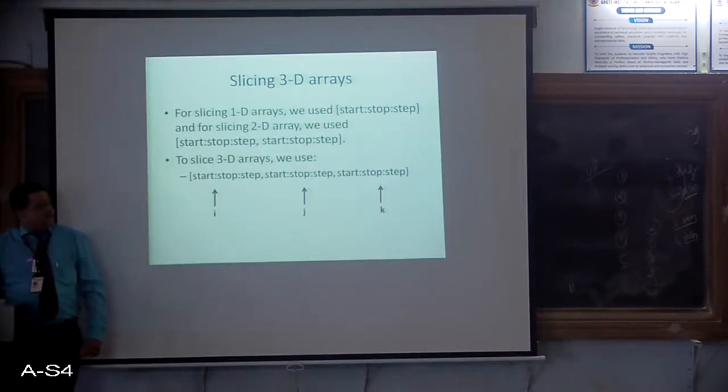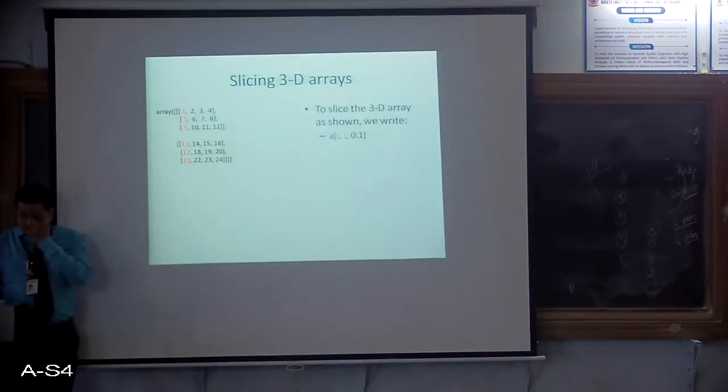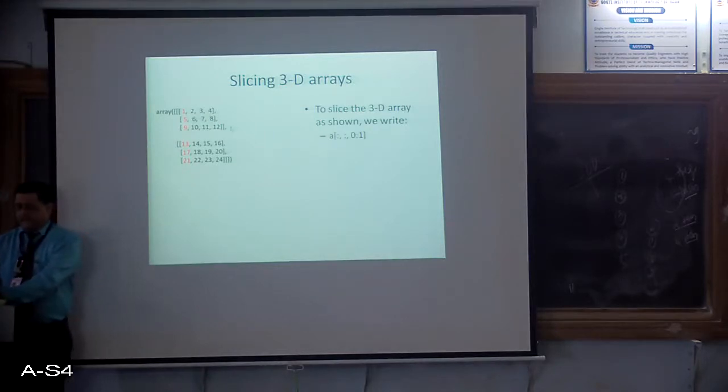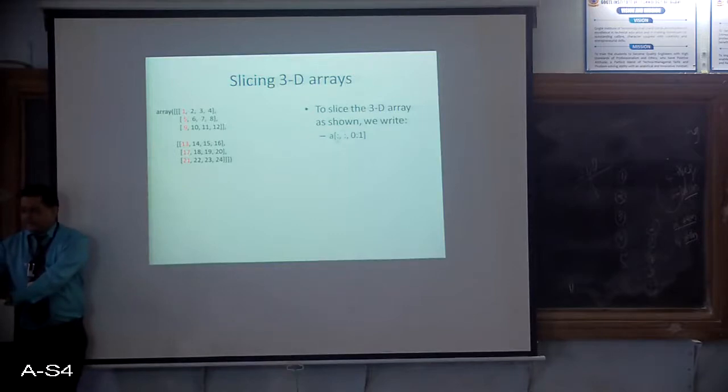Let us look at a few examples that will demonstrate how we slice a three-dimensional array. Now look at this array. This we have already created. Now I want to slice 1, 5, 9 and 13, 17, 21 out of this three-dimensional array. So how do I do that? I am spanning the entire three-dimensional array, so I want to deal with both the two-dimensional arrays contained in the outermost dimension.